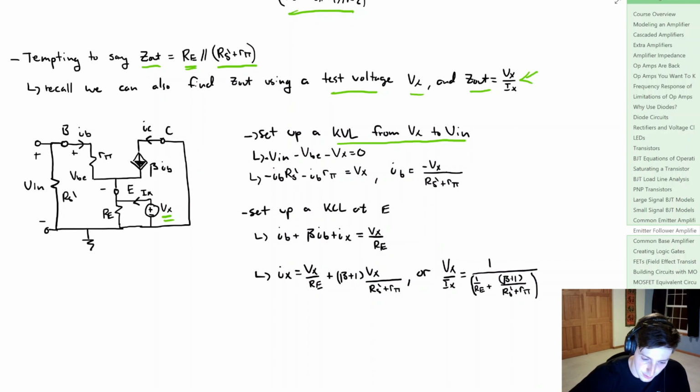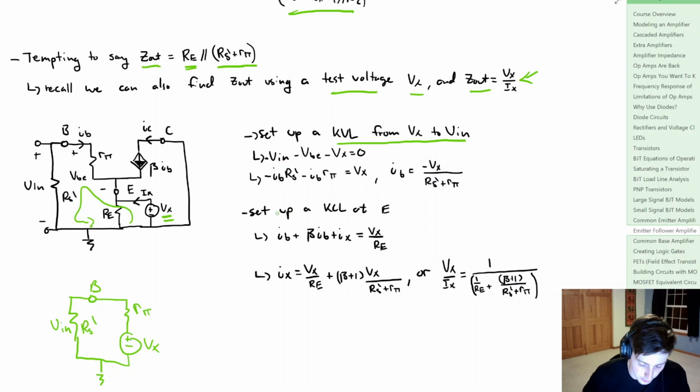Now to do this KVL, we can really do this in two ways, and it gets a little bit confusing, potentially the most confusing thing in this course. So we're going to be looking at essentially this loop here, and if we draw that out, what we get is the following, and get ready for some confusion. Now in this circuit, there's a few things we can do, and what we're really trying to do is figure out what IB is.